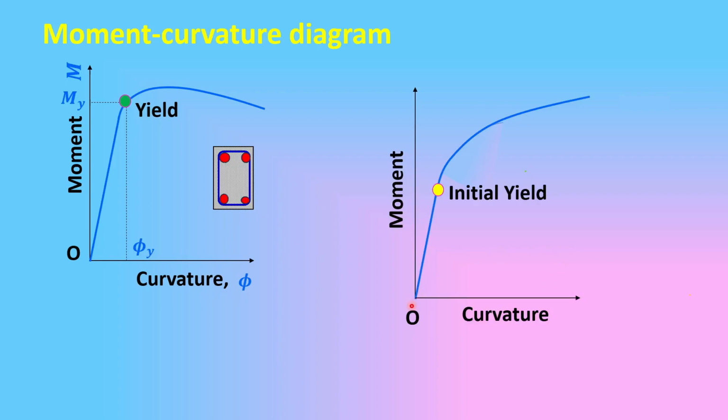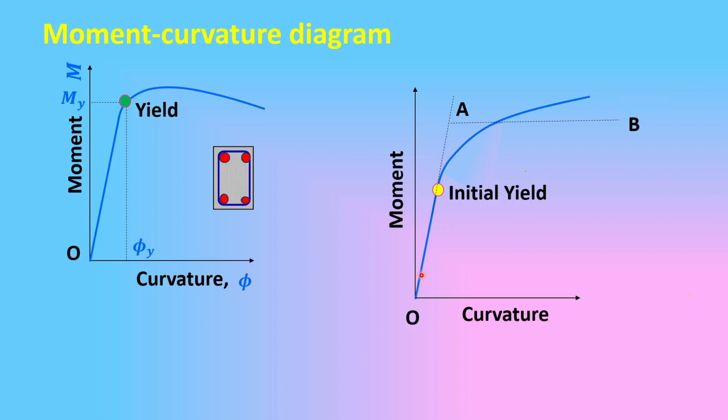But in some cases you may not see any visible yield point in the force deformation, moment curvature diagram. In that case, you have to proceed in a slightly roundabout way. A little nonlinearity is seen here, that's why it is called the initial yield point.